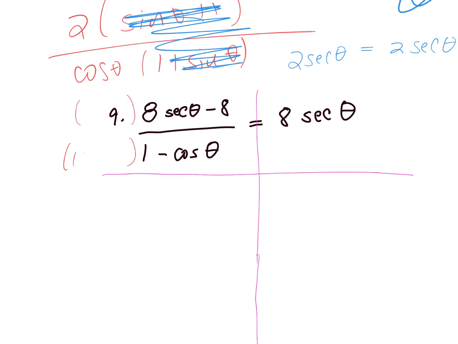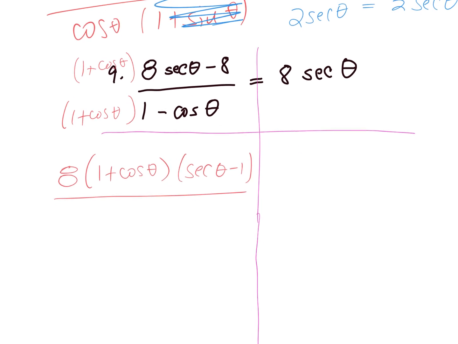All right, so 1 plus. 1 plus. Do you guys agree with me that I can take an 8 out in front? Because they both have, right? So I'm just going to rewrite it like this. 1 plus cosine. And then secant minus 1. Agreed?